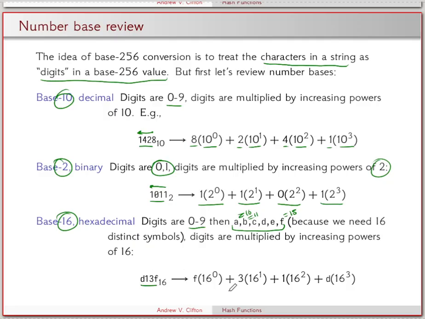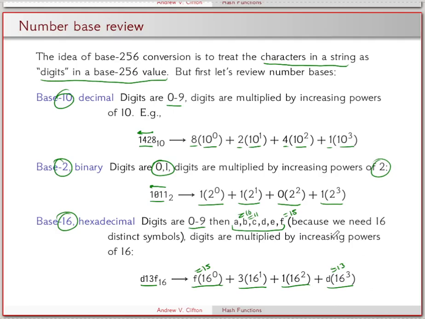So if you have D13F, you do F times 16 to the 0, and remember F means 15. 3 times 16 to the 1, 1 times 16 squared, and then D, which would be 13, times 16 cubed.